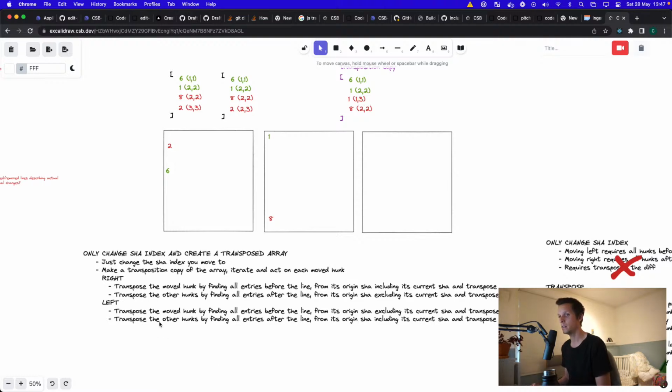And then transpose the other hunks by finding all entries after the line from its origin SHA, including its current SHA. So that means 6 will now become 5, and 8 will become 7.